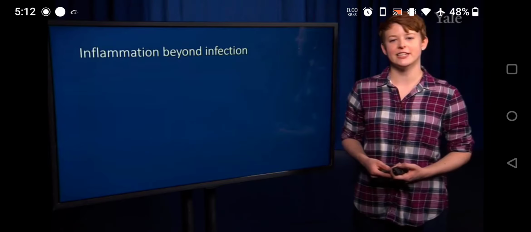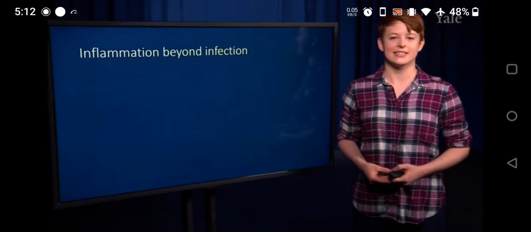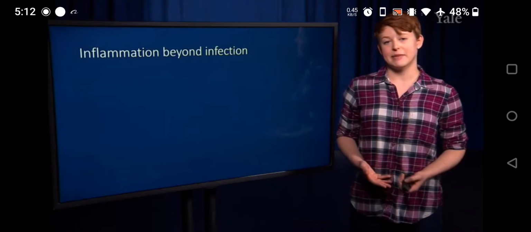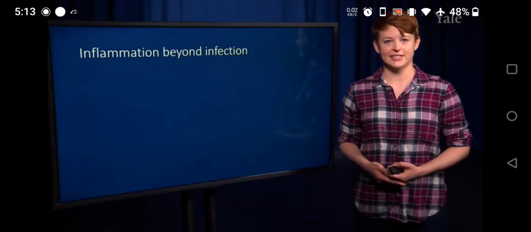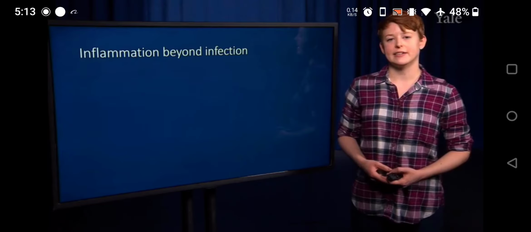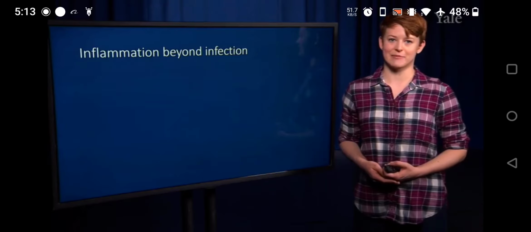However, inflammation is much more than just a response to infection, and we'll be discussing some of those examples as well. And this is a topic of current ongoing research, so I'll be referring to some recent papers, but keep in mind that this is all fairly new and new information is coming out all the time.